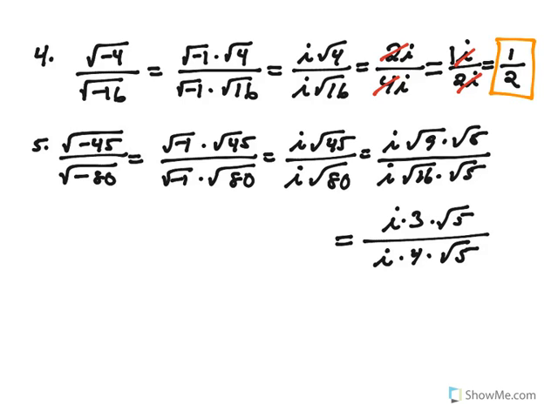You notice that the radical 5's cancel, and then also the i's cancel. And then now I just have 3 over 4 as my final answer. So when things are equal in the numerator and denominator, you can cancel them right out. All right?